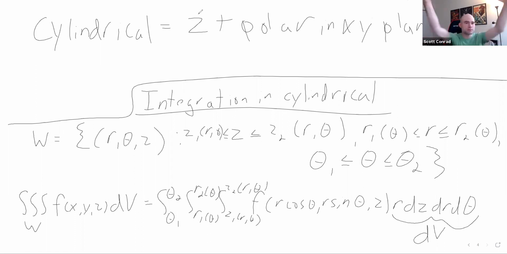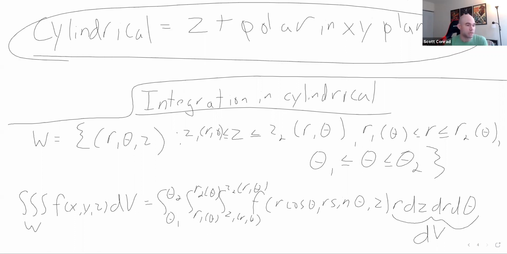You're going to find the top and bottom bounds, then project down to the XY plane, and then you're going to have some polar region, and then you use polar coordinates to find the bounds for r and theta in the XY plane. But that's how you want to be thinking about cylindrical.